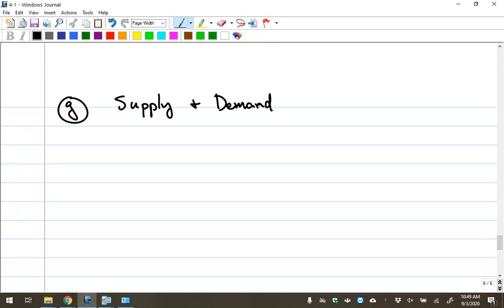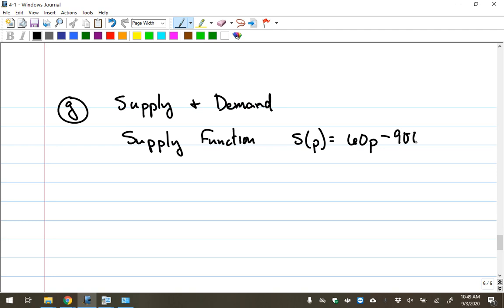So when you encounter a problem that's about supply and demand, they're going to give you a supply function, S of P. In this case, they're using P as the X value. 60P minus 900.